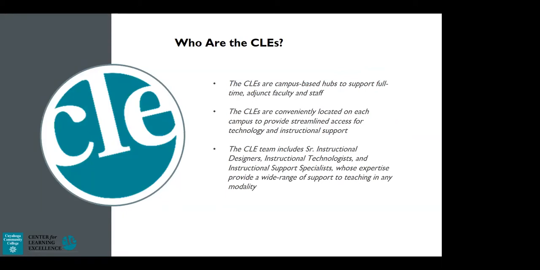Each campus has their little hub, and each hub is composed of a senior instructional designer and technologist. And two of our sites have part-time instructional support specialists who are like gifted generalists. They have experience both in technology and course design, so we're able to provide a wide range of support.